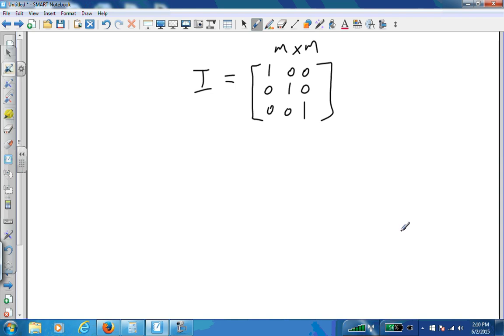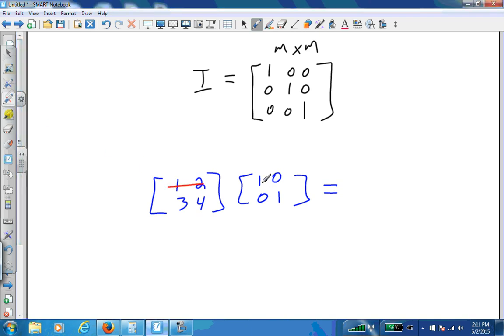And remember that for multiplication in regular numbers, 1 is the multiplicative identity, because when we multiply a number by 1, we get the identical number. And all an identity matrix is, is a matrix such that when we multiply a matrix by the identity, we get the matrix we started with. So if we want a 2 by 2 identity matrix, 1s on the diagonal, all others are 0s.